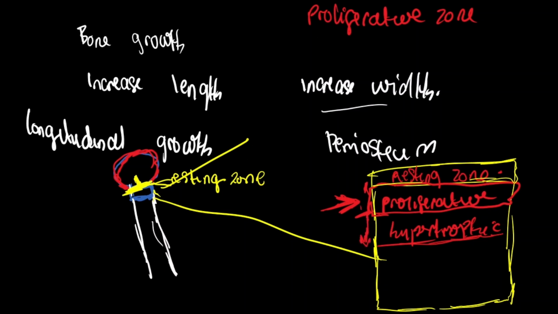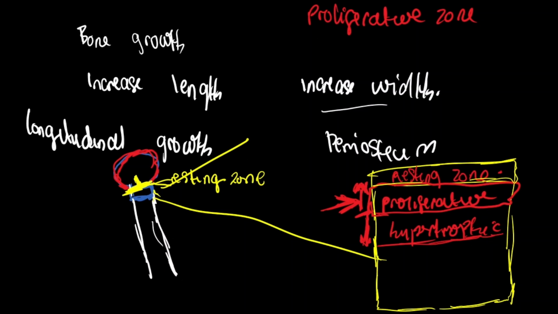Proliferation takes place upwards. So we'd have older cartilages at the hypertrophic zone, and these older cartilages basically enlarge. So hypertrophy, they enlarge at the hypertrophic zone.